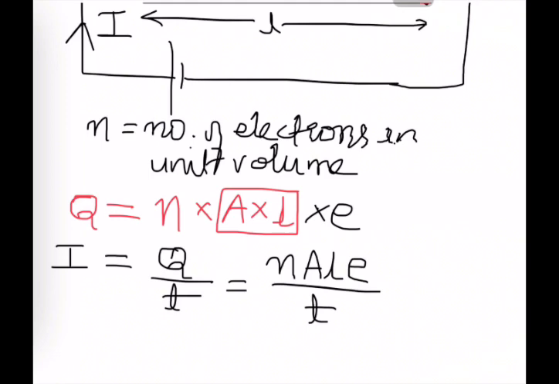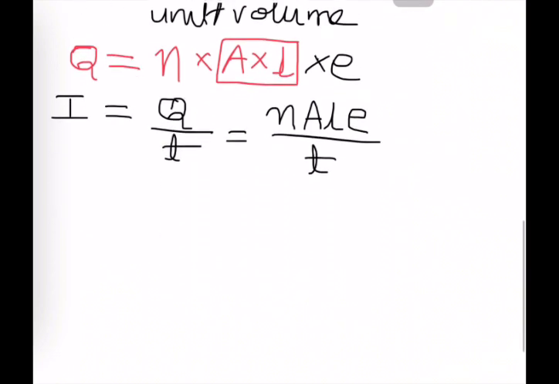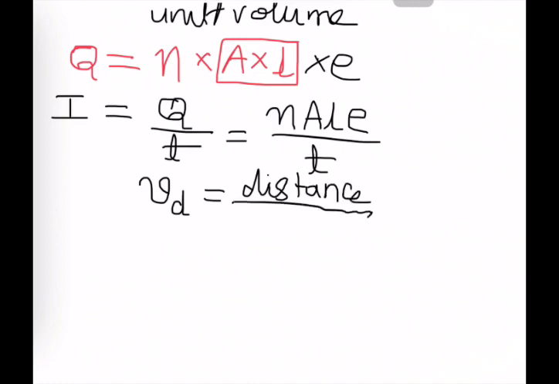Now we know the relation with drift velocity. What is the drift velocity? Drift velocity is the average distance traveled by the electrons in a unit time. Let L be the distance traveled by the electrons in the time t; then L by t gives the drift velocity.